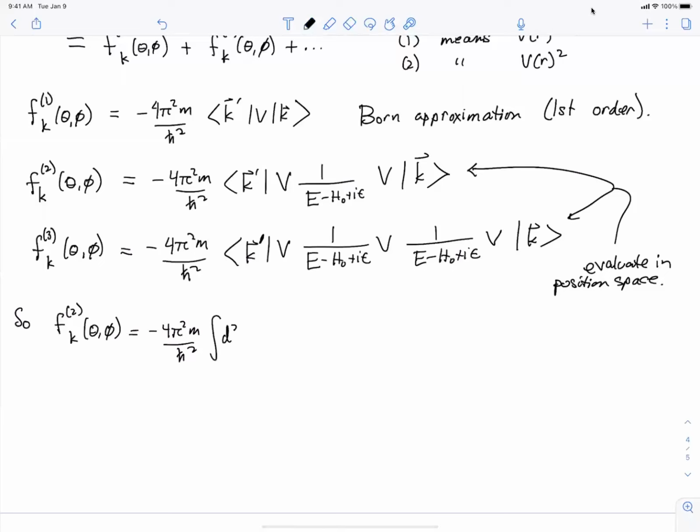Now, instead of one integral, like in the Born approximation, there are going to be 2 integrals. And it turns out there's a factor e to the minus i k prime dot r prime, potential. This is just translating the formula above into position space. The inverse operator becomes our green function.